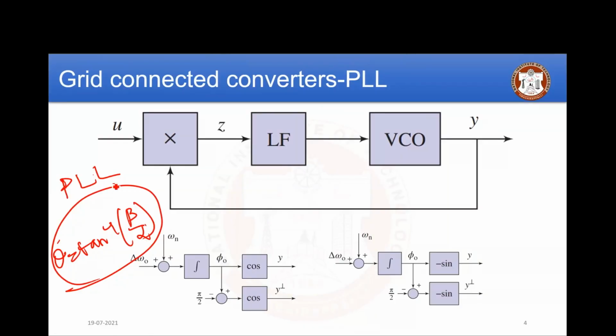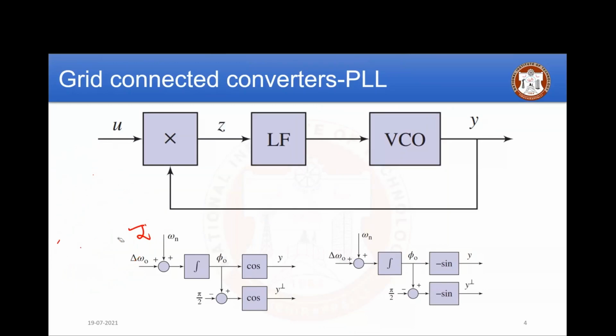So they developed a technology called phase lock loop. PLL represents phase lock loop. PLL is an alternative for theta representation. Theta is a basic method, and PLL is somewhat advanced. In PLL, they have something called a voltage controlled oscillator, a low pass filter, and a multiplier.